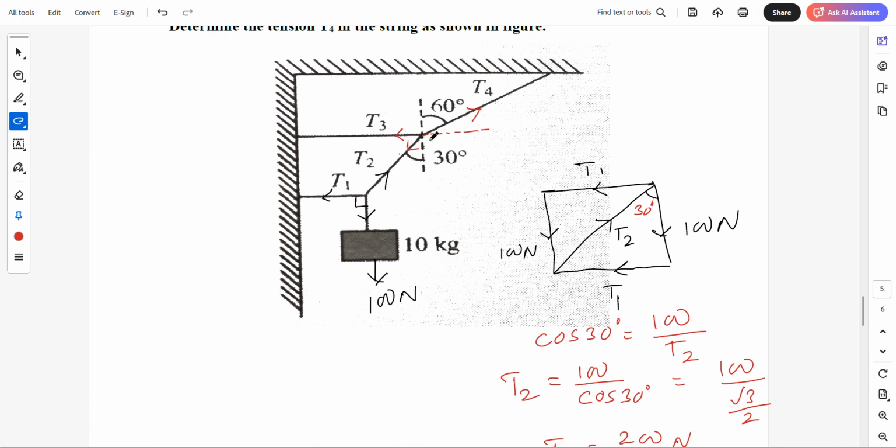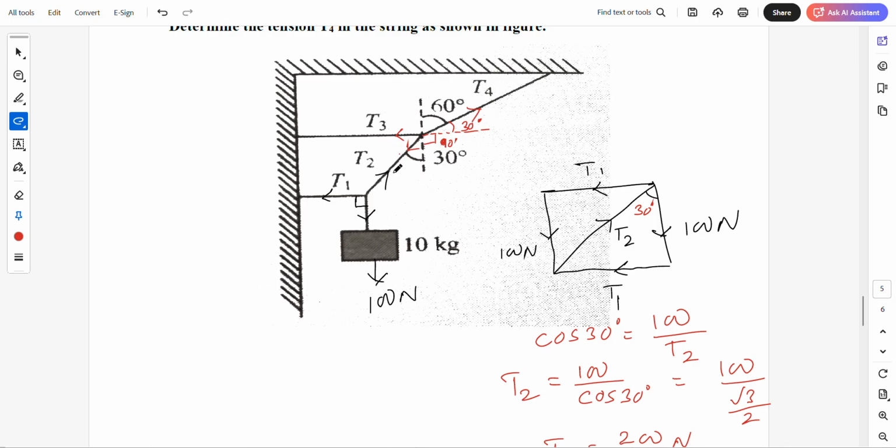If this is T3, this is how much? 90 degree. Now this is 30 degree. This will be how much? This will be 30 degree. Vertically opposite angle. This is 90 degree. This is 30 degree.